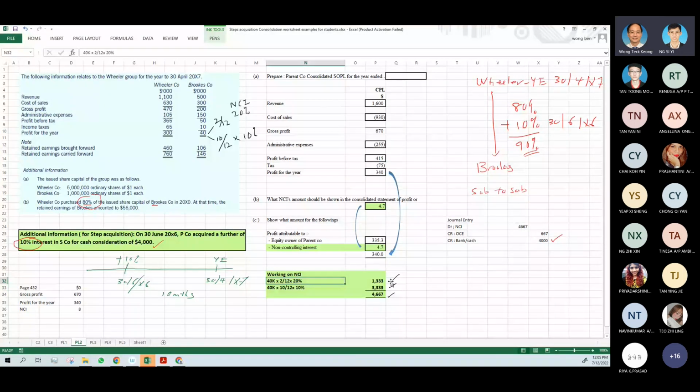The remaining NCI is 10%, 10 over 12 at 10%, 333. In terms of the journal entry, they pay 4,000, you credit bank or cash 4,000. NCI at the date is 466. So the difference goes to OCI.